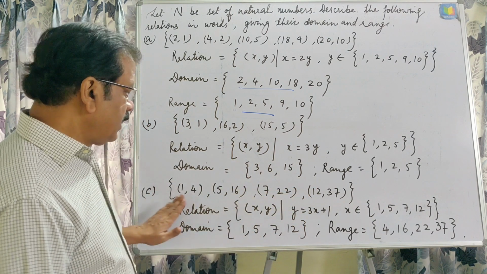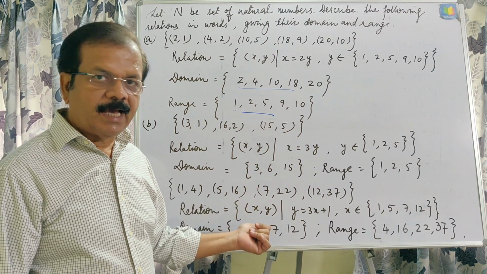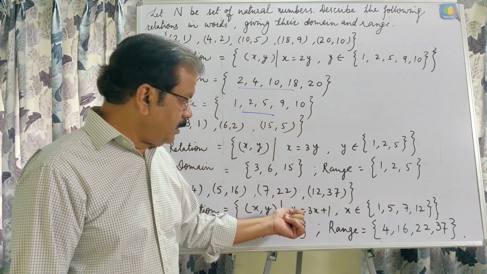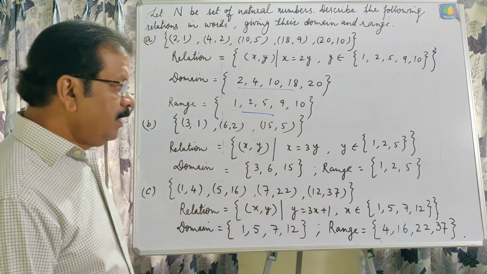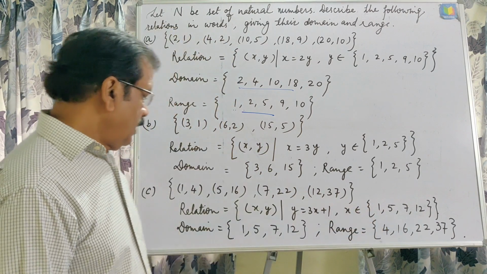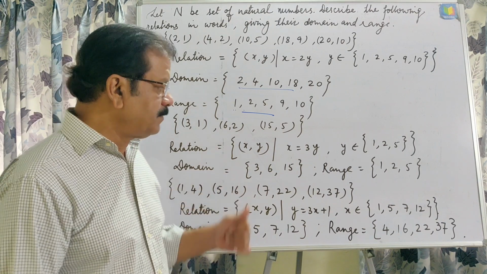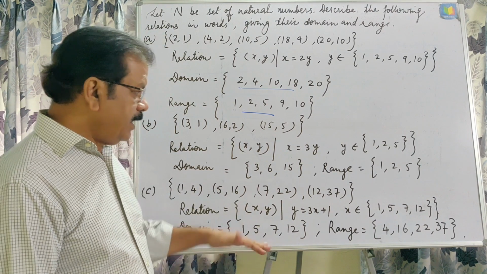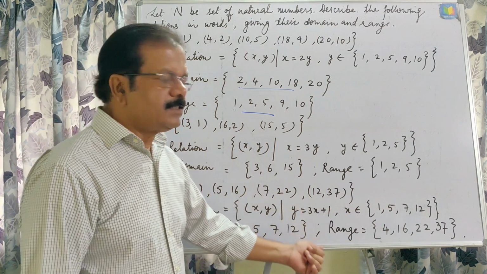And this way we get the relation in the form of ordered pair (x, y) defined with y equal to 3x plus 1, where x is an element of 1, 5, 7 and 12. Now domain will be the set of first elements, that is 1, 5, 7 and 12, and range will be 4, 16, 22 and 37.